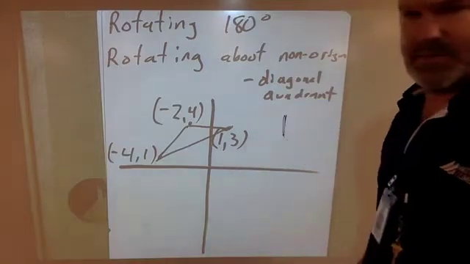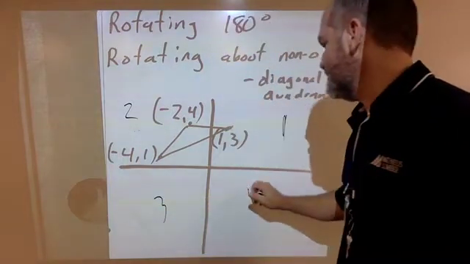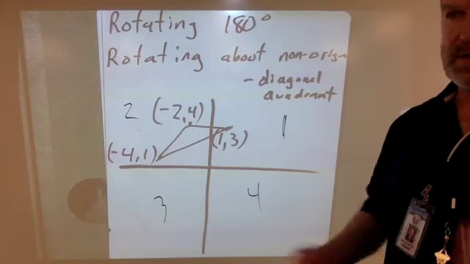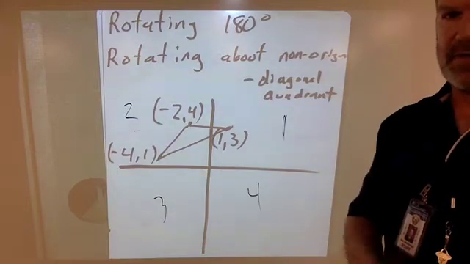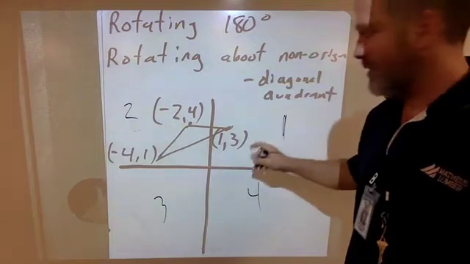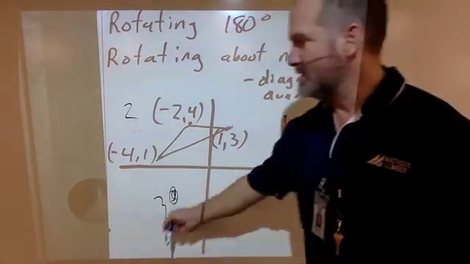Quadrant 1 is the upper right, quadrant 2 is the upper left, quadrant 3, quadrant 4. So wherever your point starts in, it's going to end up in the one that's diagonal from it. So for example, the point 1, 3 is in quadrant 1, so it's going to end up down here somewhere in quadrant 3 because that's the one that's diagonal.